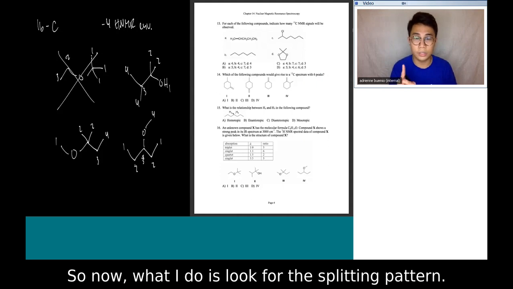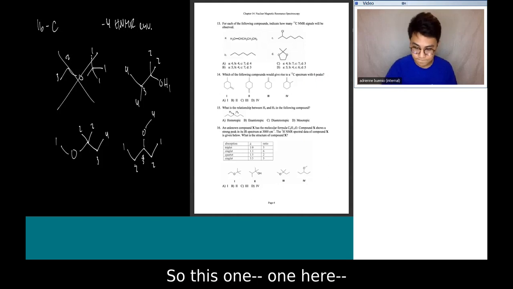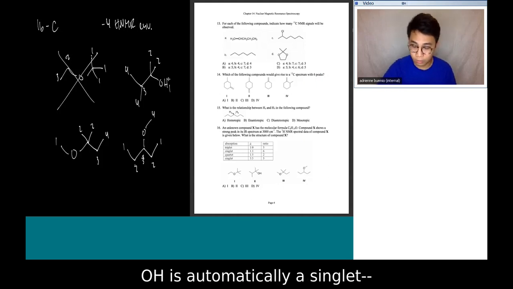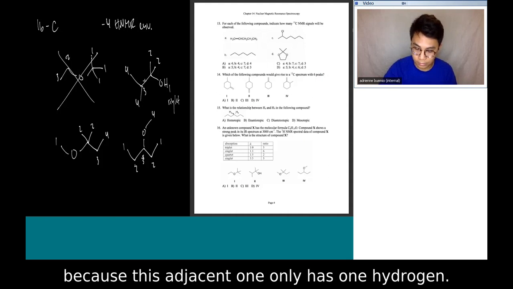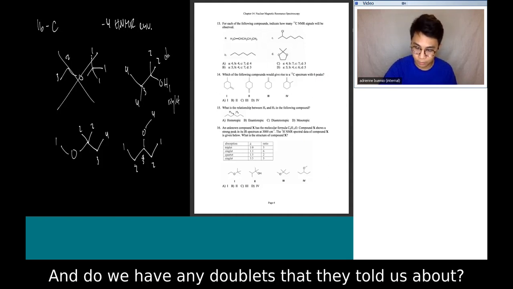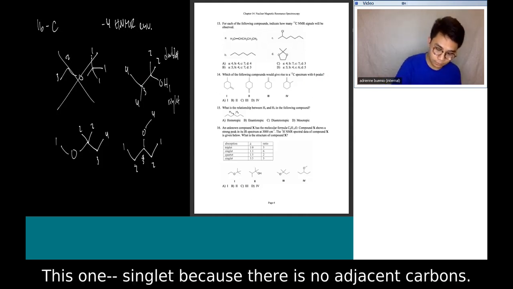So now what I do is look for the splitting pattern. It says triplet, singlet, quartet, singlet. So this one here, OH, is automatically a singlet, right? This one is going to be a doublet, right? Because this adjacent one only has one hydrogen. Doublet. And do we have any doublets that they told us about? No, right? So no doublets. This one, singlet, because there are no adjacent carbons.